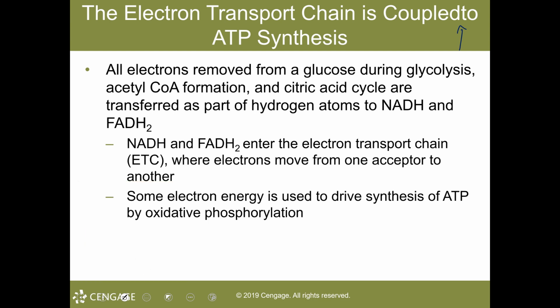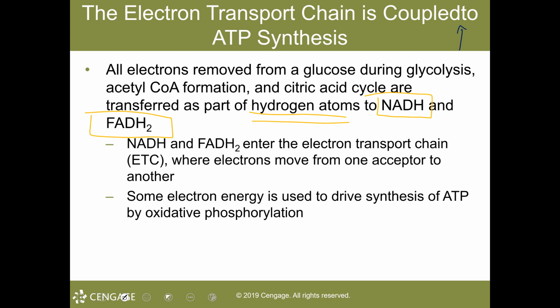They're now NADH and FADH2. It's all because of those hydrogen atoms, meaning those electron carriers. They will move down the electron transport chain.